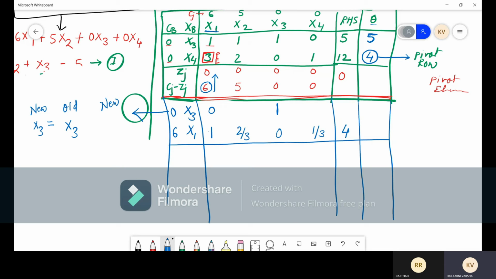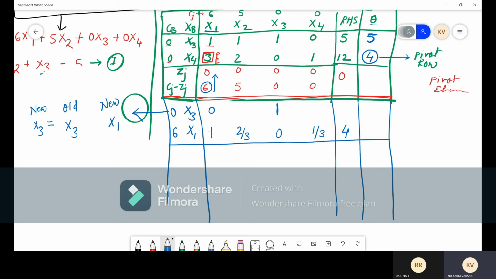Which is the newly entered variable? x1. So we'll take x1. So always, after finding the newly entered variable by pivot row divided by pivot element, whatever remaining things we need to fill up, like now here we need to fill up this.